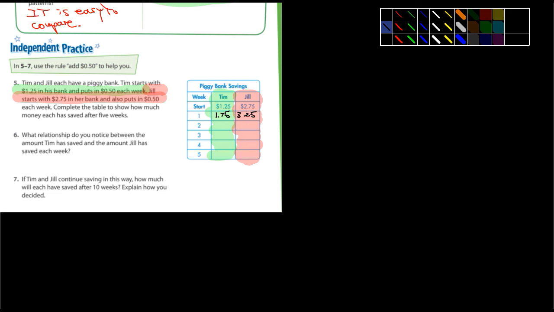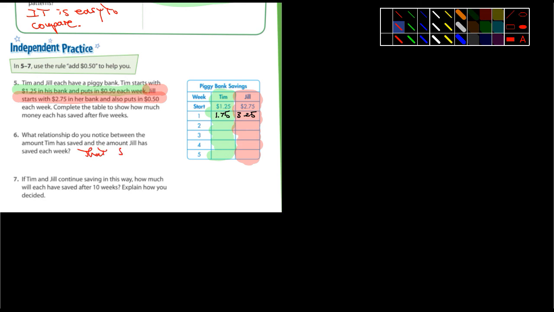Number 6, what relationship do you notice between the amount Tim has saved and the amount Jill has saved each week? So I'll start this question, but I'll let you guys finish it. What's the relationship?